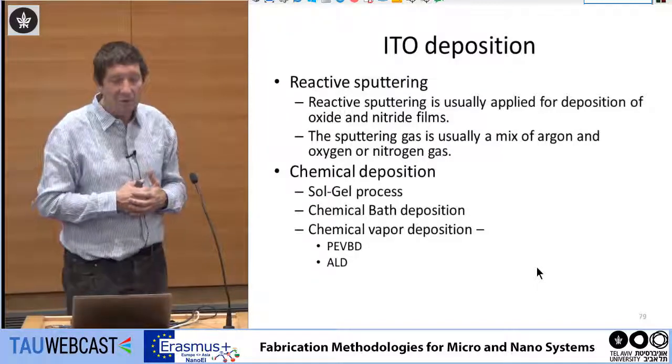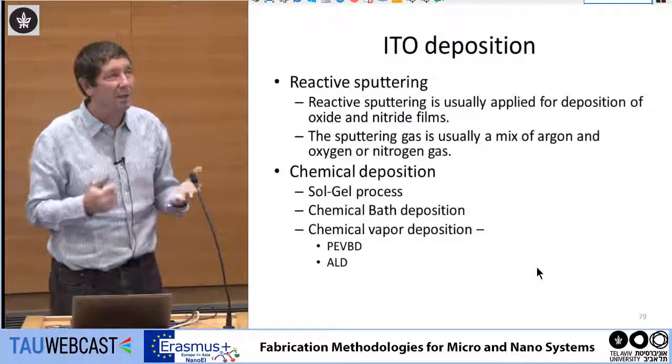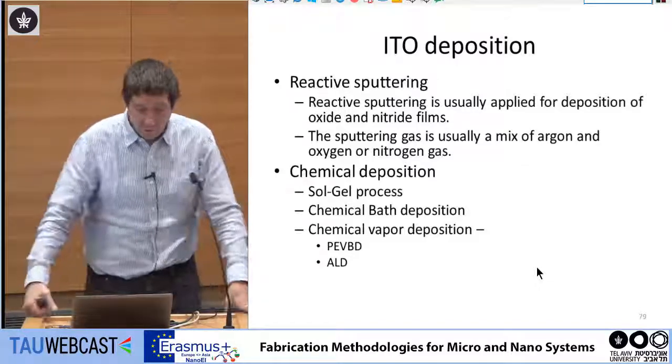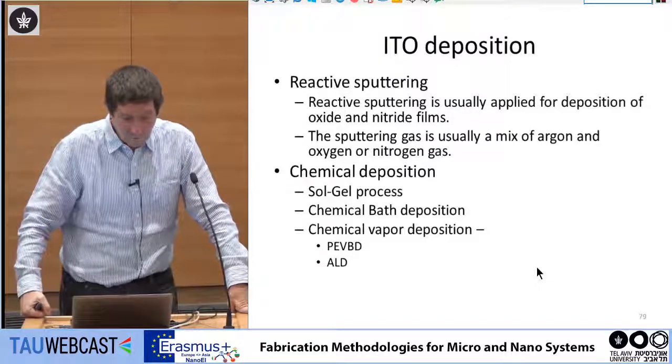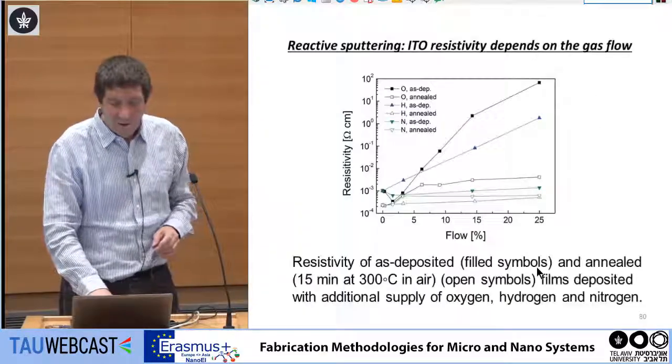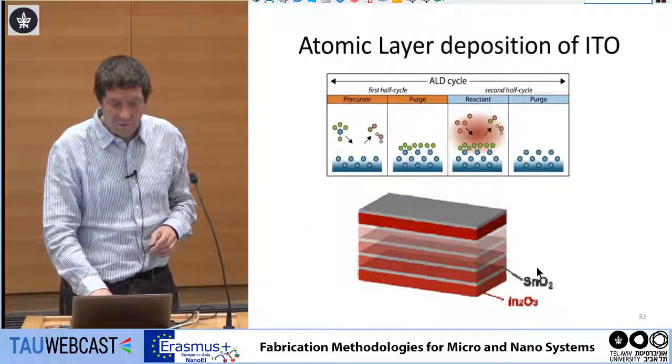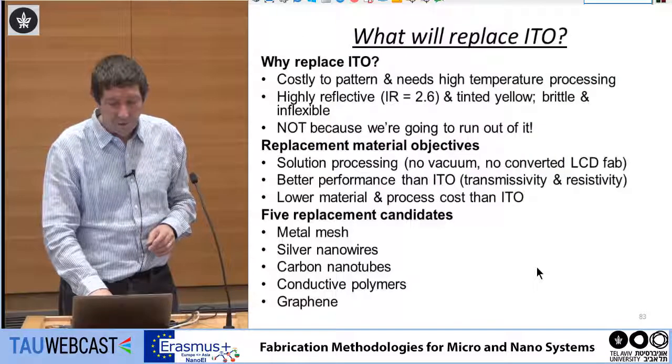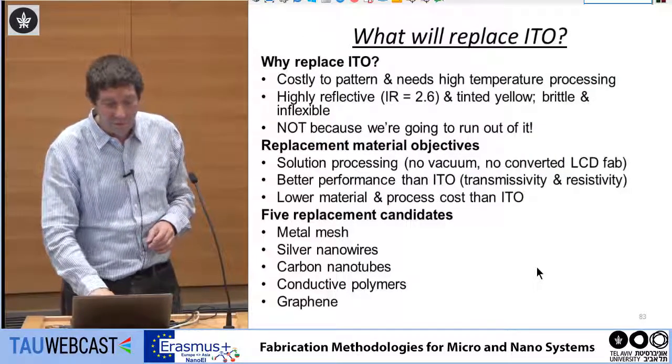Or you can use chemical vapor deposition, as we studied in the class. And there are two, plasma enhanced CVD, not VBD, so I have to change it, PECVD, and atomic layer deposition. I will skip these two materials. I will skip to this and we'll go to the next.